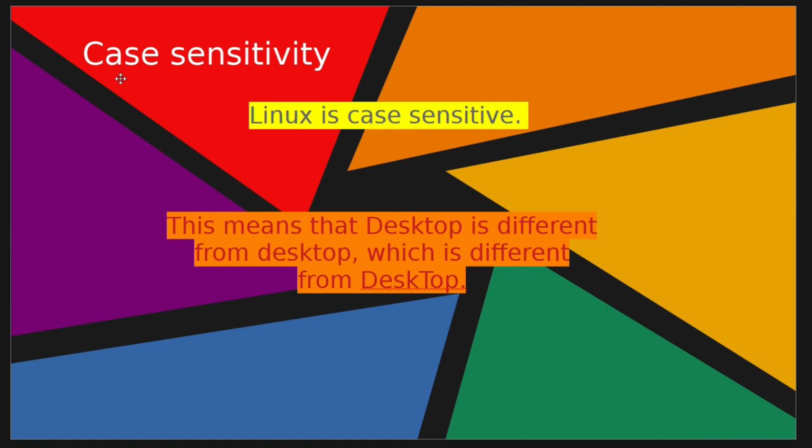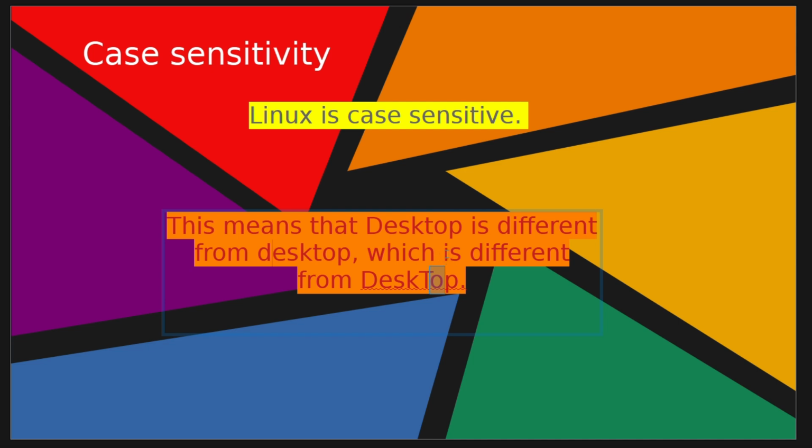Next is case sensitivity. What does case sensitive mean? It means that a single character can change the whole thing. Linux is case sensitive, which means that Desktop with a capital D is different from desktop with a small d, and Top with a capital T is not the same as top with a small t.